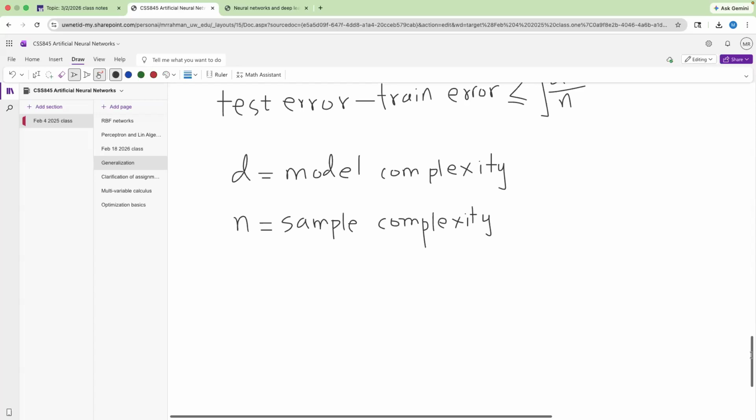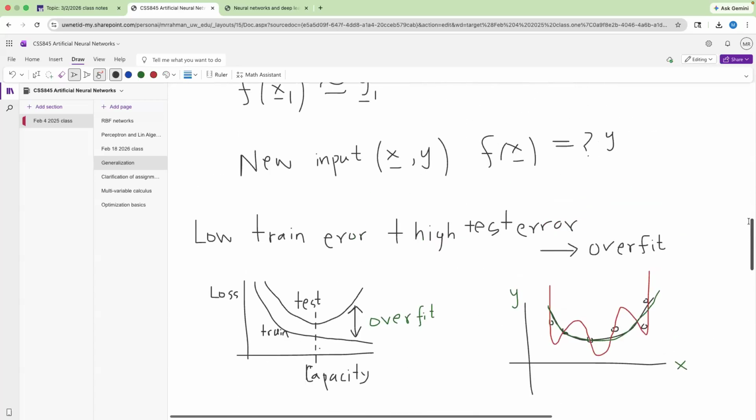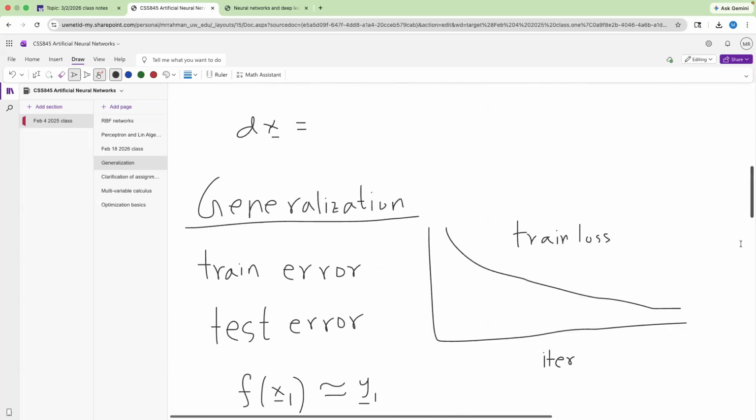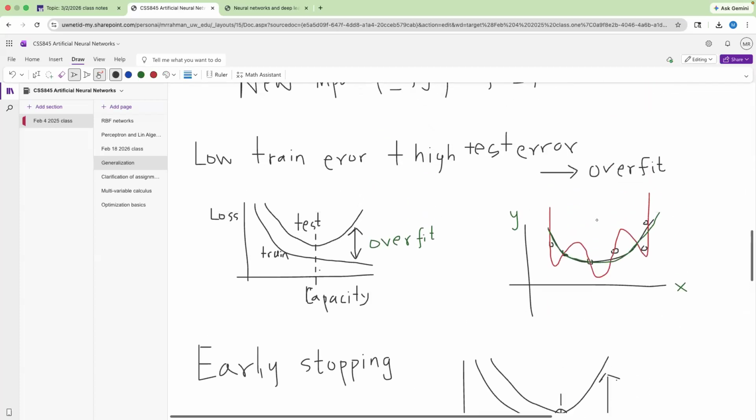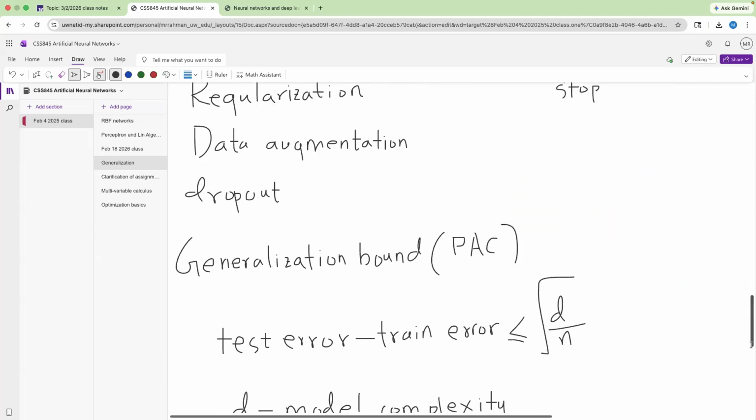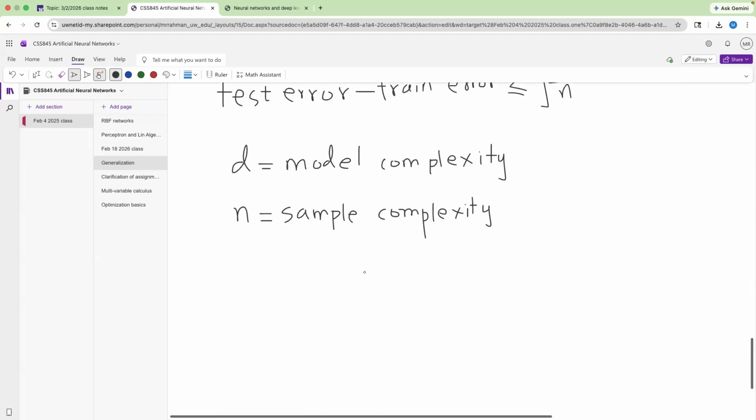Another example is polynomial fitting. If the degree of your polynomial is really big, that means you have a complex model, right? And n, the sample complexity, is the number of training examples that you have.